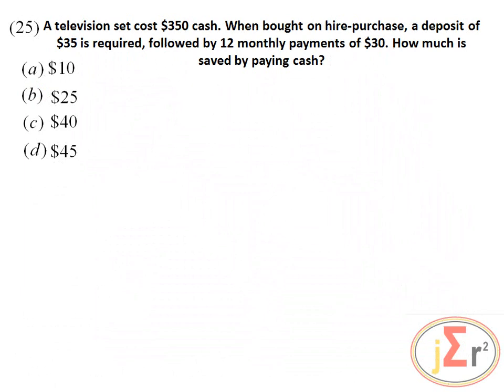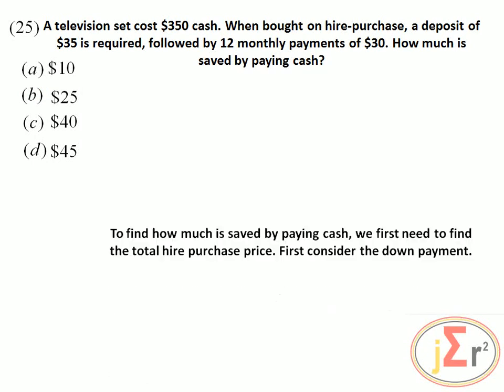A television set cost $350 cash. When bought on hire purchase, a deposit of $35 is required, followed by 12 monthly payments of $30. How much is saved by paying cash?